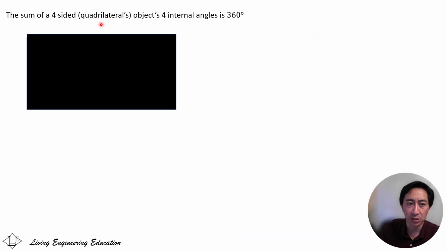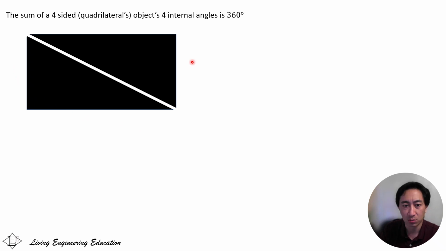So we know that the sum of any quadrilateral's internal angles is 360 degrees. Let's see if we can build upon this and relate it more generally to a triangle as well. How do I relate a quadrilateral to a triangle? I can split it down by matching corner to corner. Now I have 2 triangles.